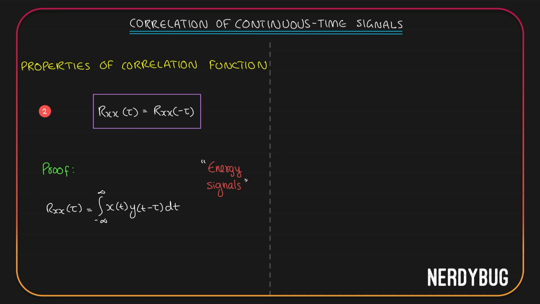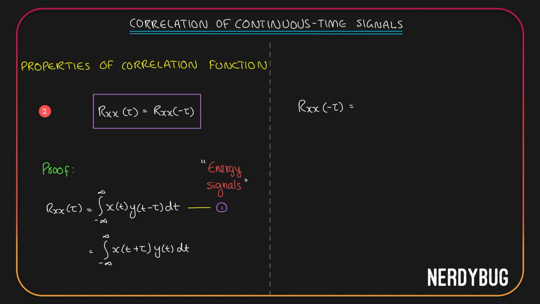We can shift x of t towards left instead. So this will become integral from minus infinity to infinity x of t plus tau y of t dt. Now we want Rxx of minus tau. From equation number 1, Rxx of tau is x of t y of t minus tau.